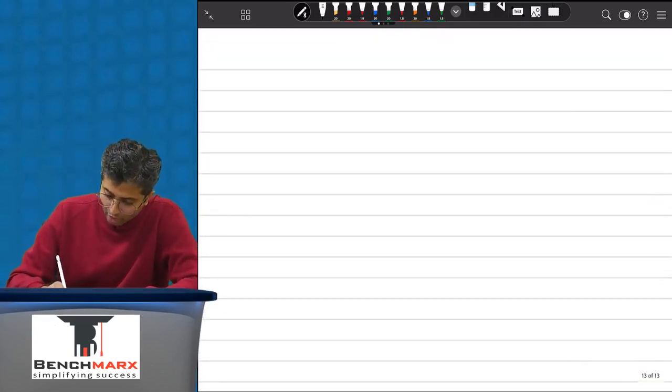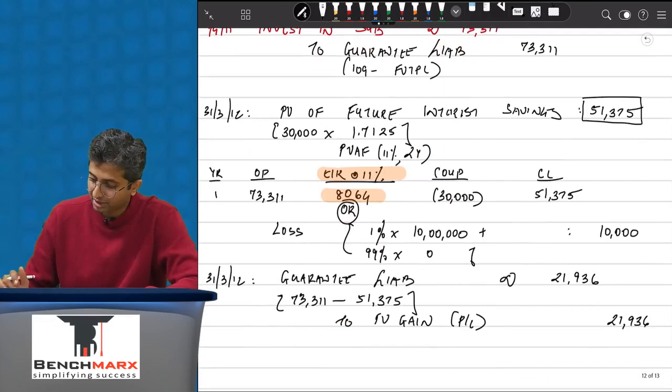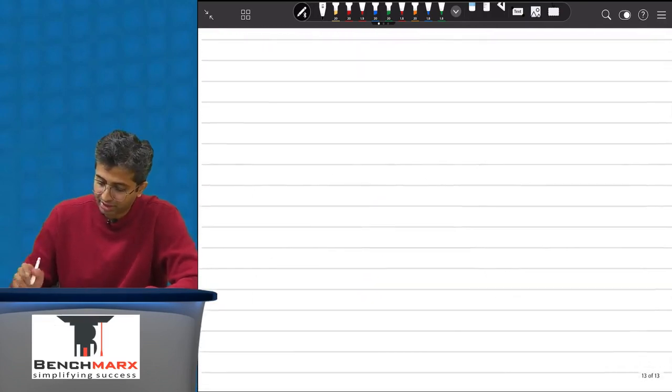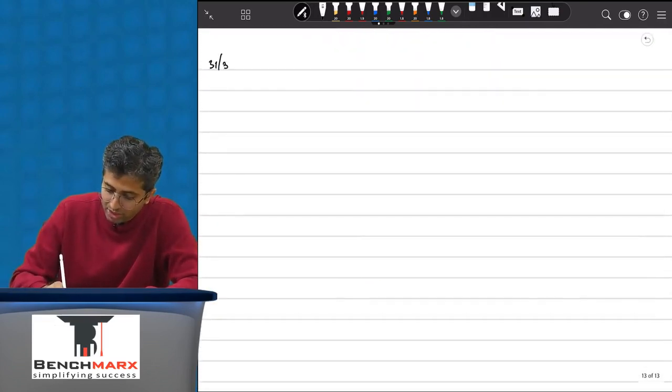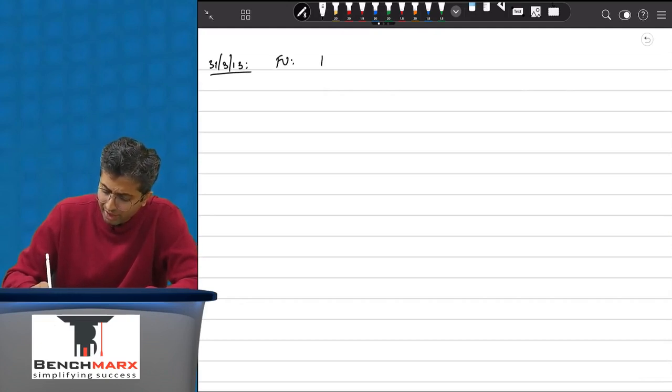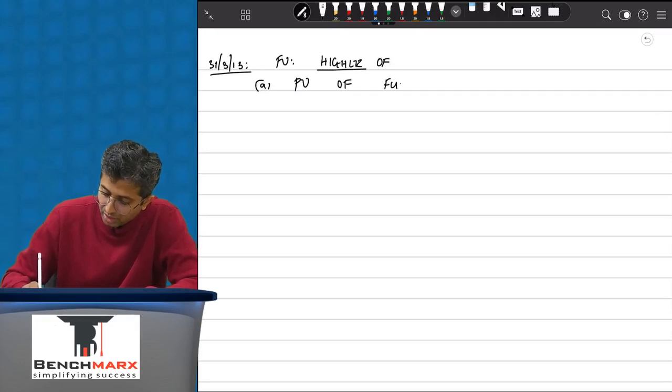Acha. So now your guarantee liability after this entry comes to 51,375. You go to 31st March 2013. Again on 31st March 2013, the fair value is the higher of the present value of the future cash flows, that is, the present value of the future interest savings.